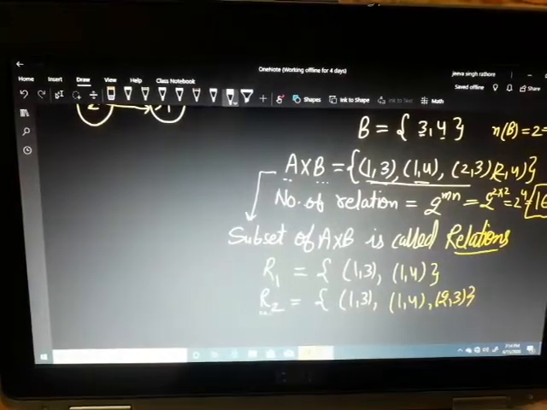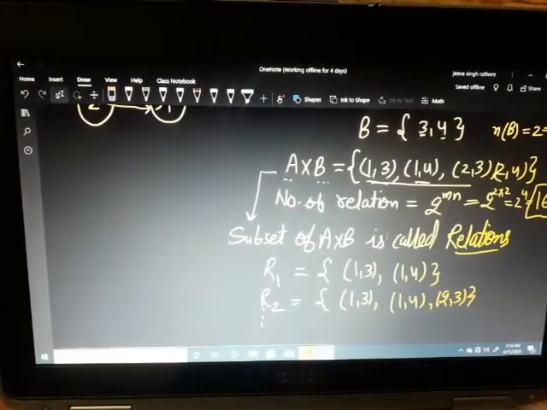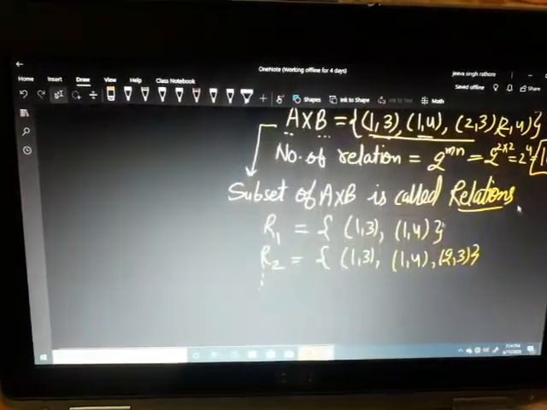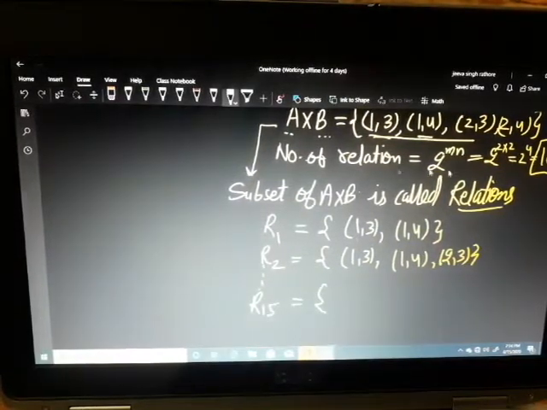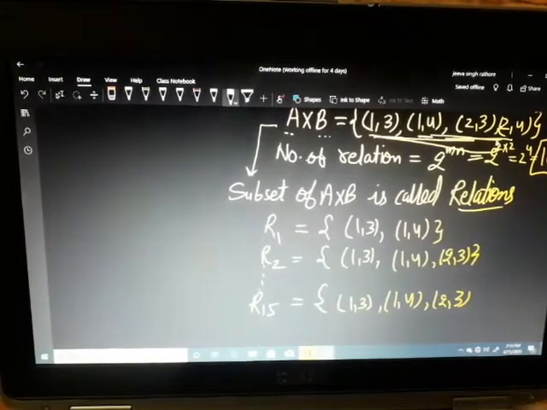Just like this, we consider all of them. How many relations are possible? 16. Relation number 15 will have all elements: this set is complete, (1, 3), (1, 4), (2, 3), and (2, 4).